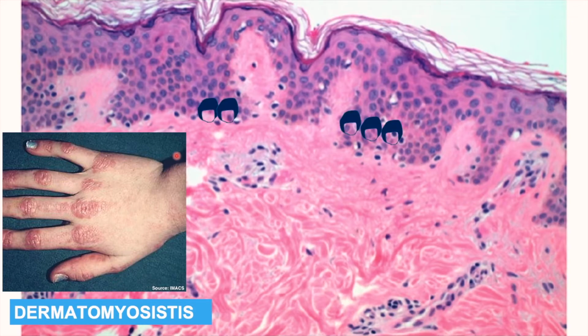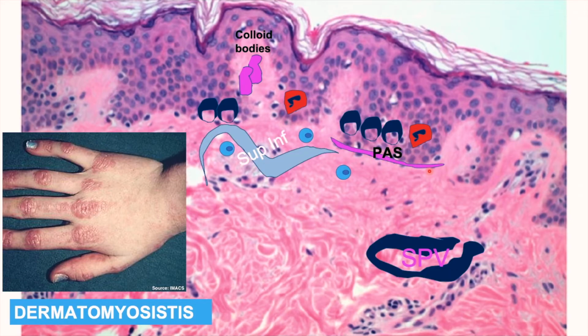So usually we see vacuolar changes at the base, along with colloid bodies and dyskeratotic cells or CVAT bodies, increased thickness of the basement membrane, and superficial perivascular inflammation mainly by lymphocytes.